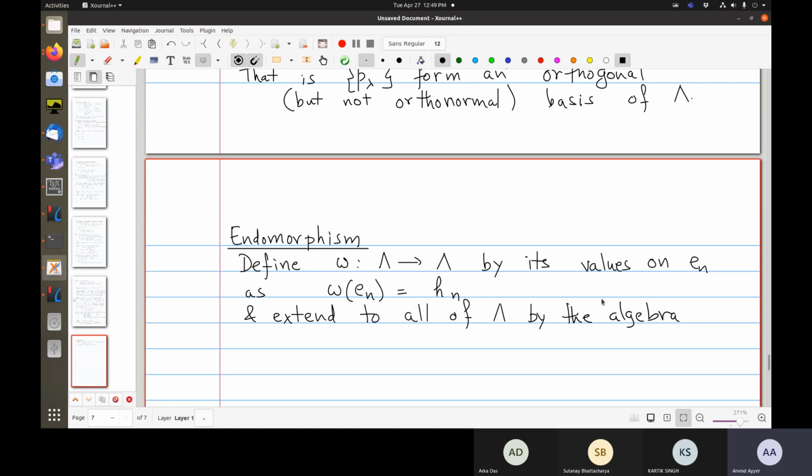So it's an algebra endomorphism, using the algebra structure on lambda. That is to say, omega of E1, E2 is omega of E1 times omega of E2.